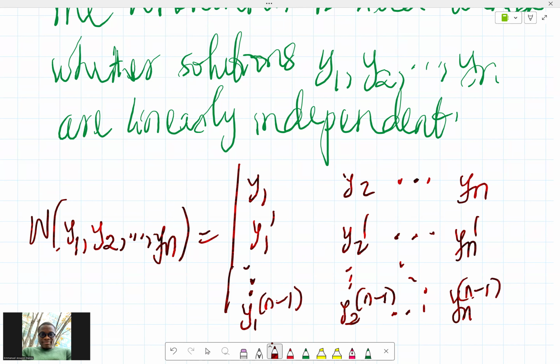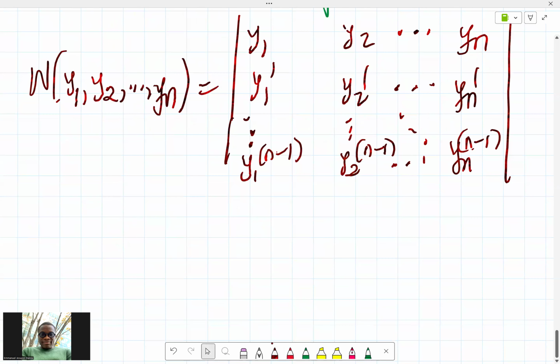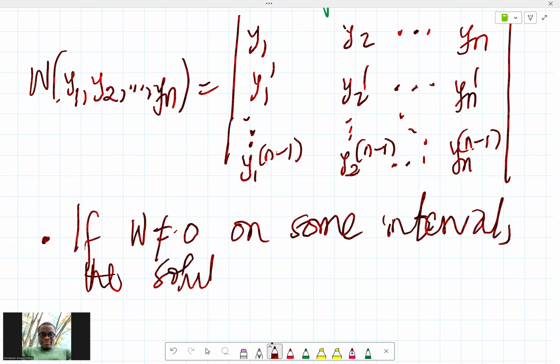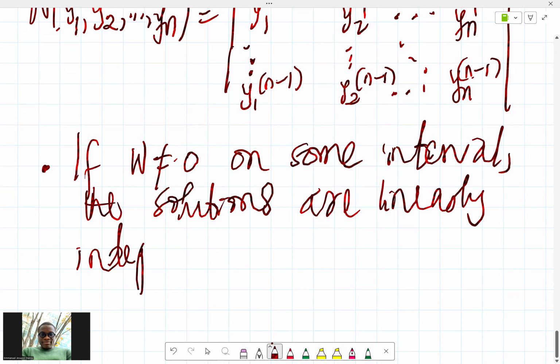You find the determinant of all that, and that gives you the Wronskian. These are the things you infer from it: if the Wronskian is non-zero on some interval, the solutions are linearly independent.